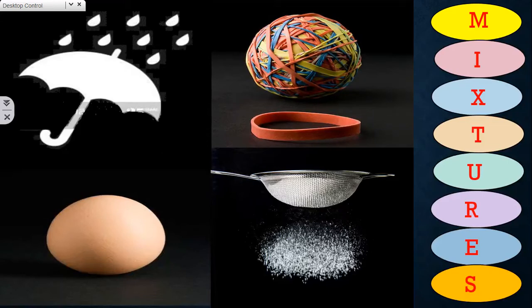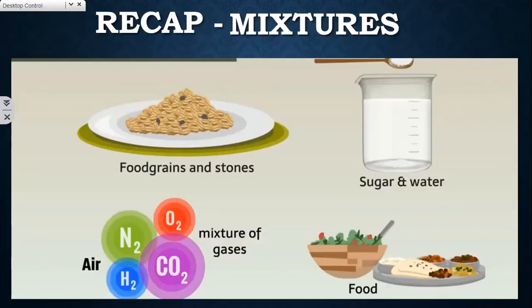In this lesson, we are seeing how to separate the substances from mixtures. Before I start the session, let me brush up the concepts learnt in the last class. What do you mean by the term mixture? It comprises one or more components that are not chemically joined to each other.